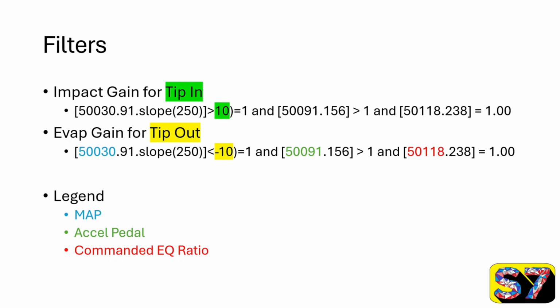All right, so we will be building some charts in the VCM scanner. These are the filters that we're going to use. You will need some adjustments to here, and we'll talk about that in a second. But if we look at this, we're going to look at our map sensor, accelerator pedal, and then our commanded EQ ratio.